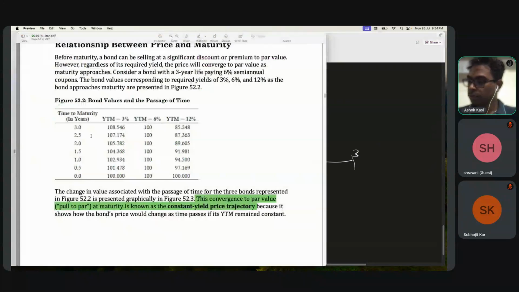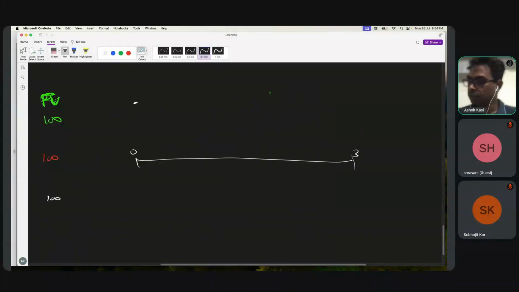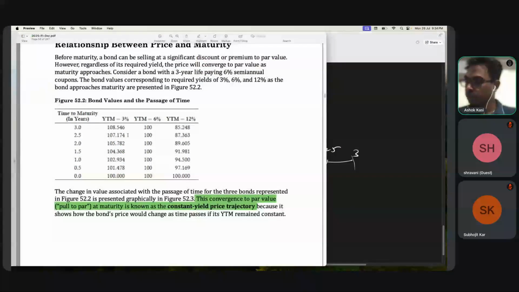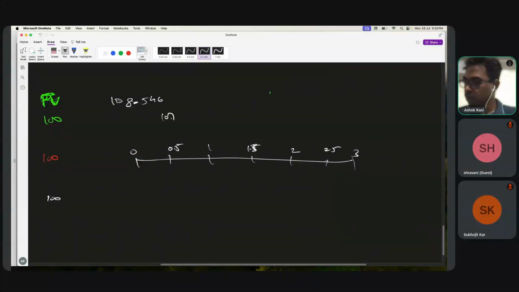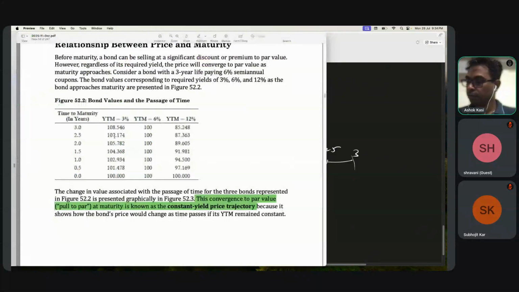And the price is initially 108.546, that means it is at a premium. After 6 months the price has come to 107.174.